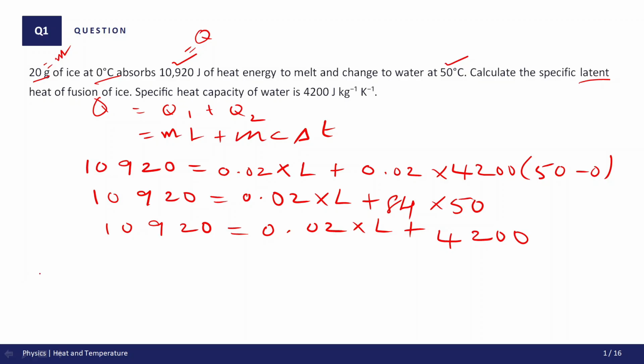Then 4200 is sent to the left hand side and subtracted from 10,920. It is 10920 minus 4200 equal to 0.02 into L. Subtract now, you will get 6720.